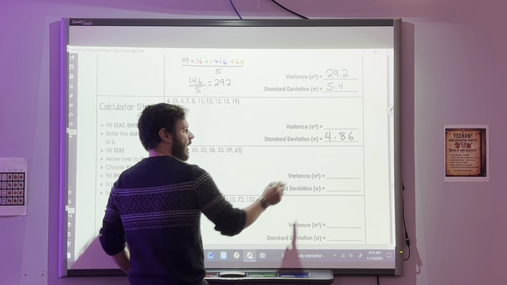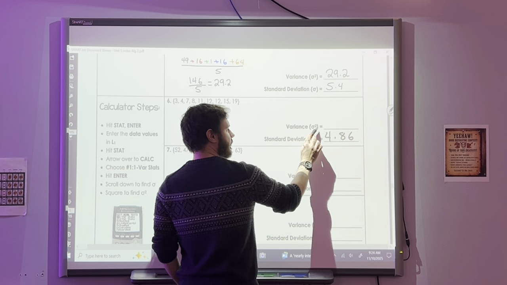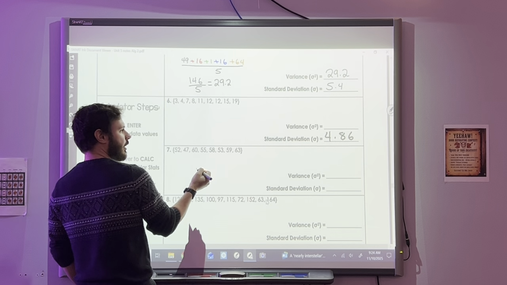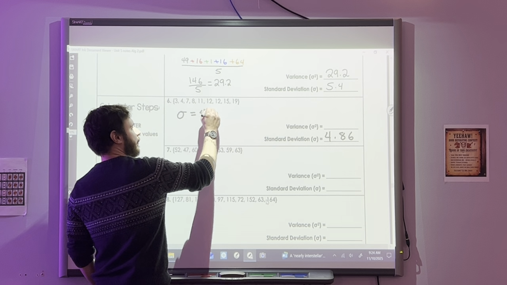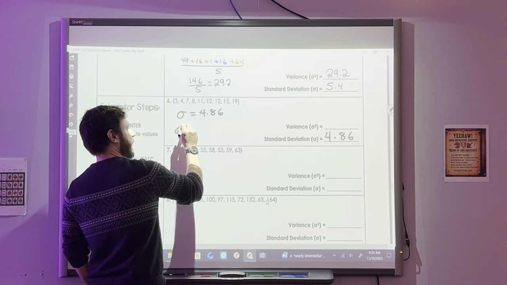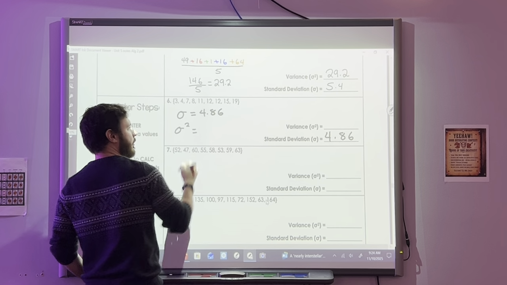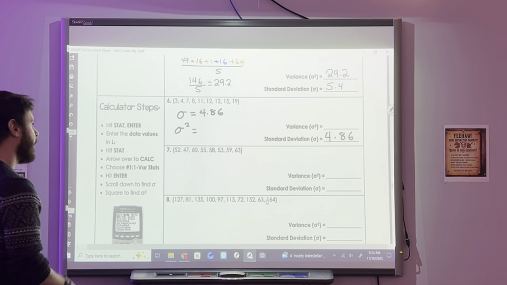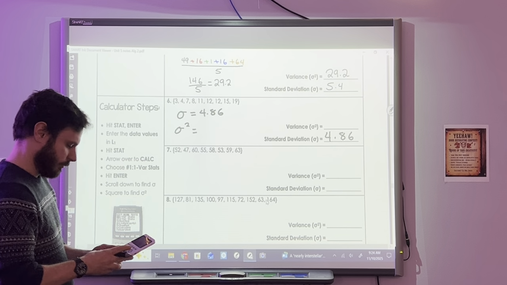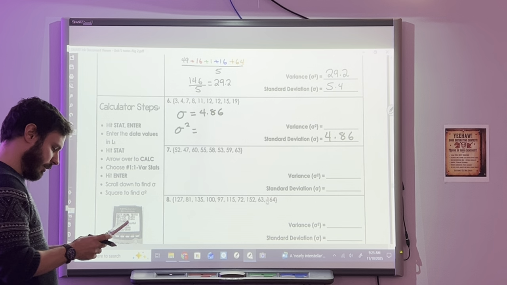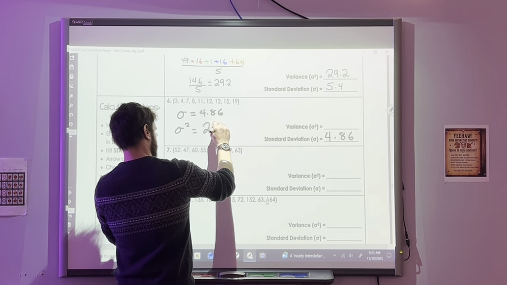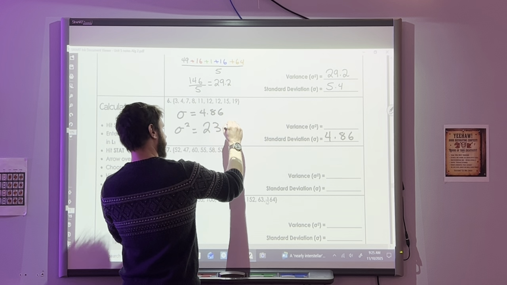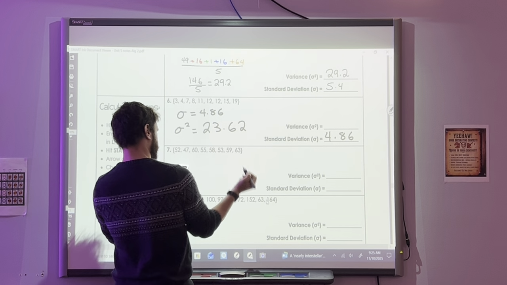But to find the variance, all I have to do is square the standard deviation, right? So if my standard deviation is 4.86, then my variance, my standard deviation squared, will be 4.86 squared, which is 23.62.